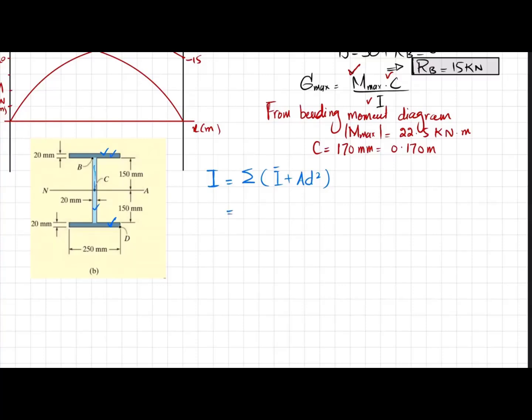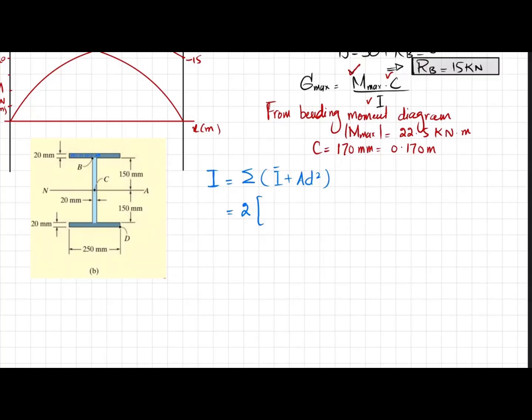So you can see the upper and lower plates or flanges are at equidistance from the neutral axis. So we will take only one, but we will multiply it with 2. So 2 multiplied by this plate. Let me clear this. So first thing is that you will take this plate.